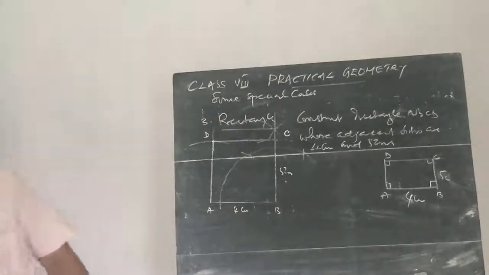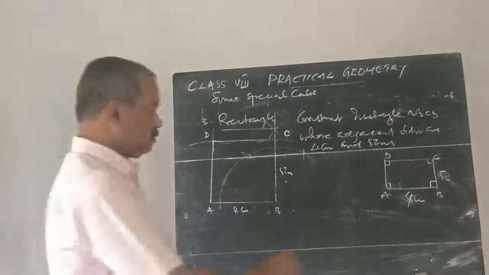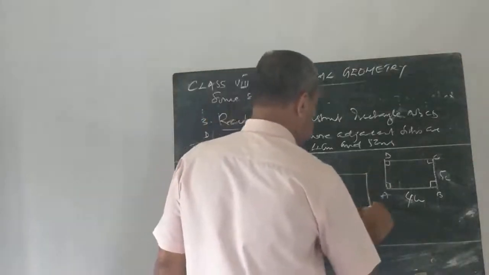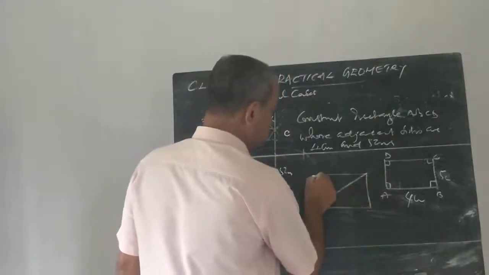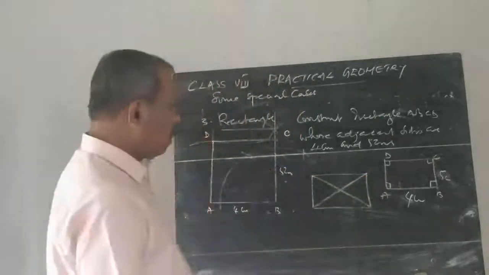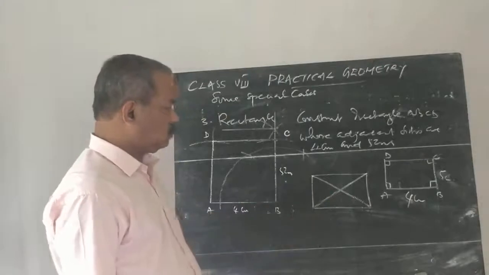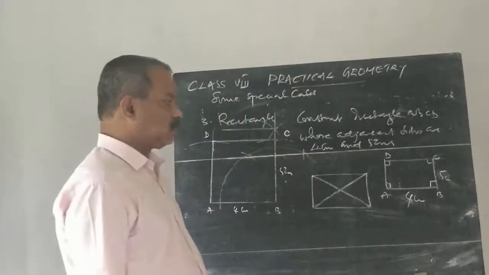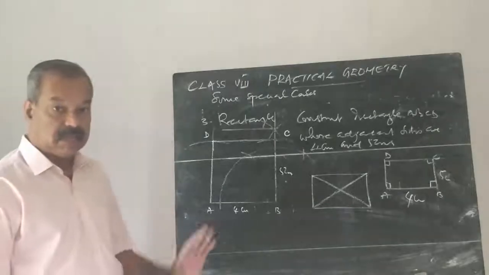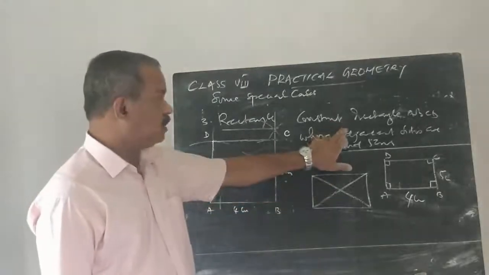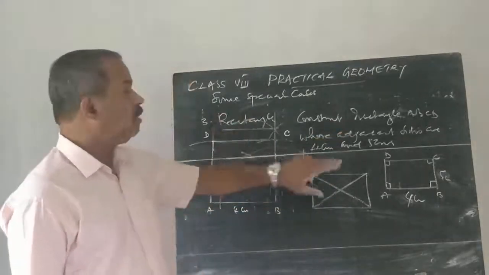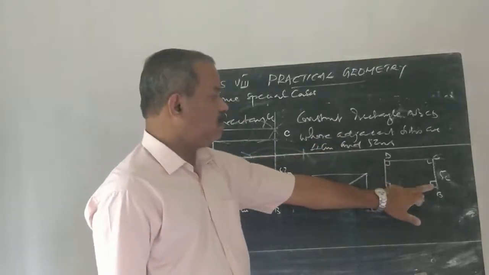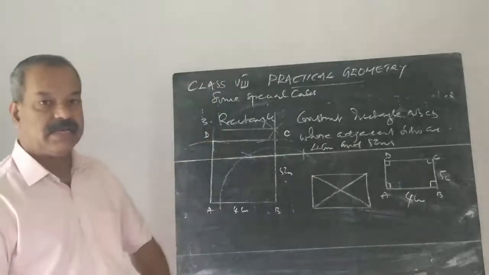Suppose we are given the length of the diagonals of a rectangle. How many measures are required to construct a rectangle? Three measures are required. Since this is a rectangle, its angle is 90 degrees, that is understood.